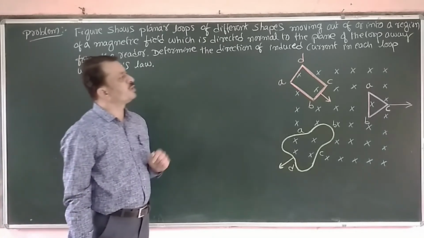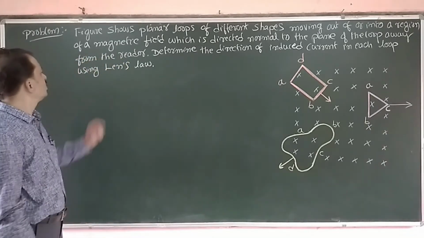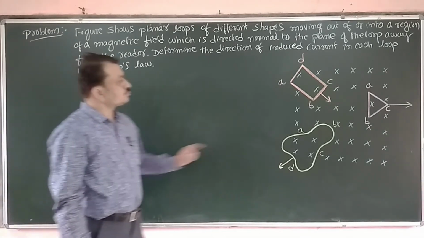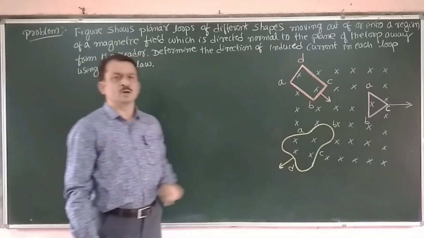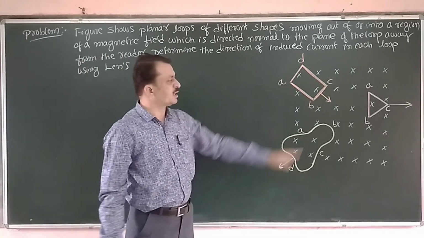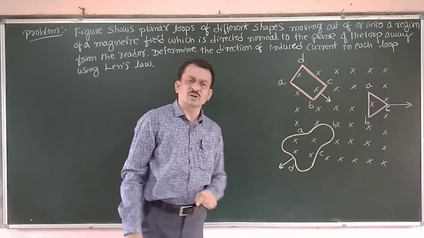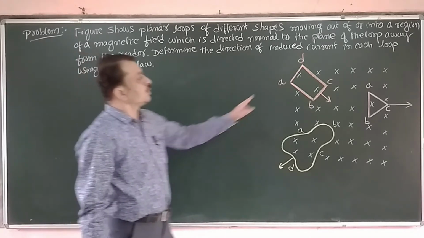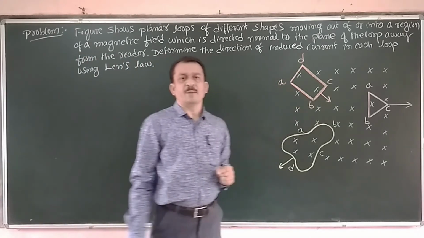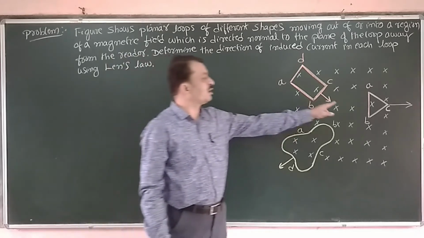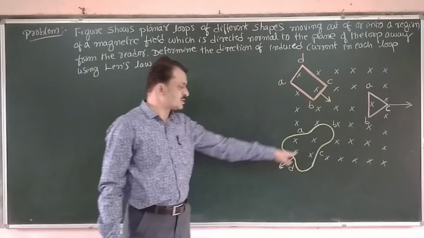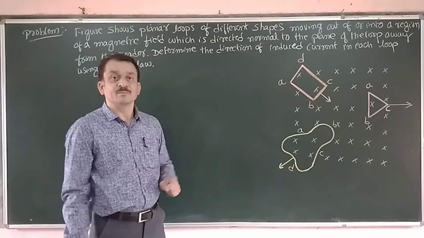Determine the direction of induced current in each loop using Lenz law. Now they have given three planar loops. One is rectangular, another one is a triangle, and another one is an irregular shaped loop. Now rectangular loop is entering into a magnetic field region, and triangular loop is moving away from the magnetic field region, and irregular shape is also moving away from the magnetic field region.